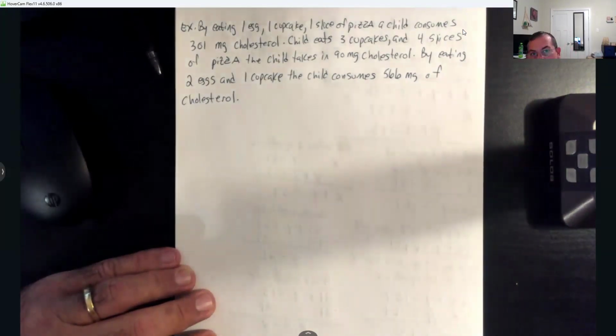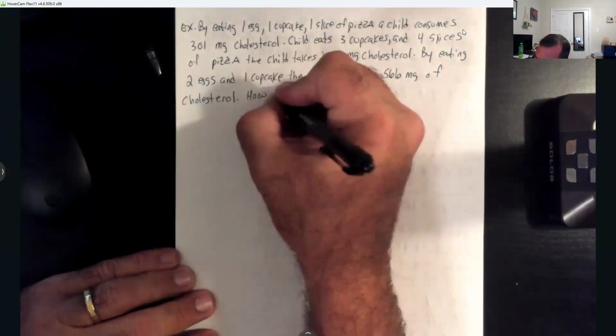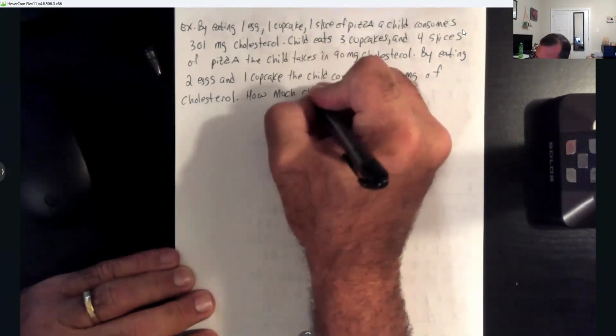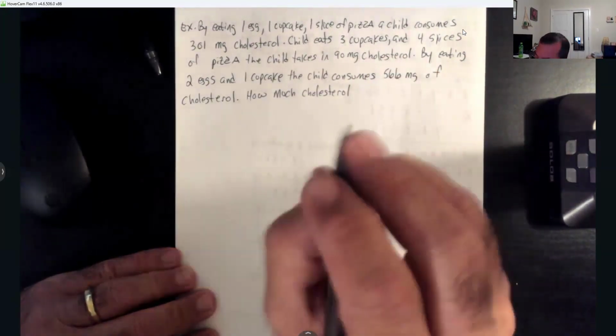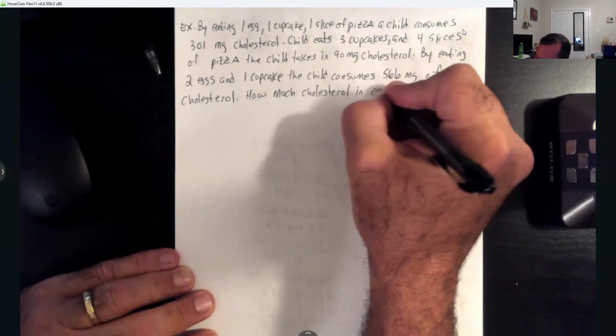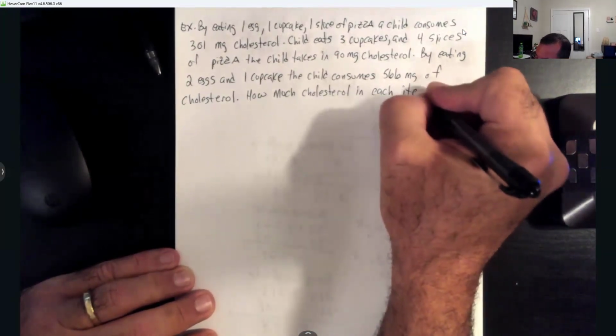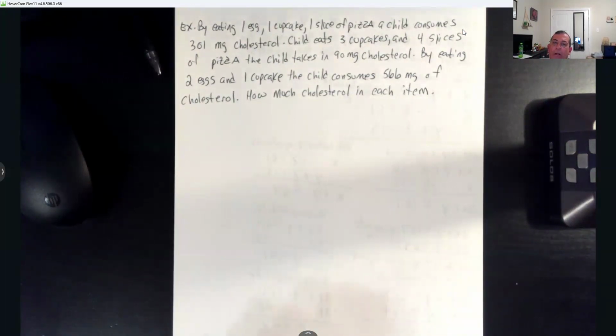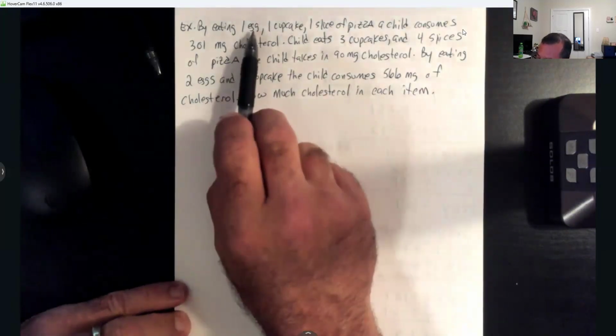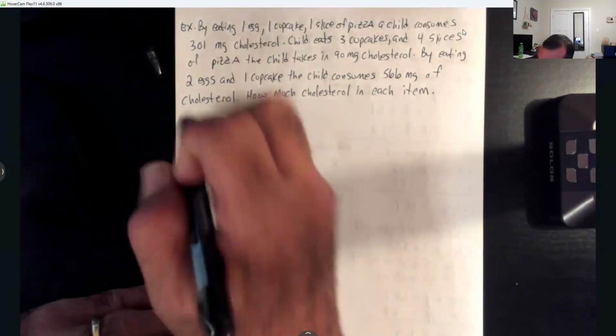So what they want to know on this problem is how much cholesterol is in each item. So y'all, I would set this one up pretty much like I set the one up a while ago with the large, medium, and small numbers. I would make an egg column.